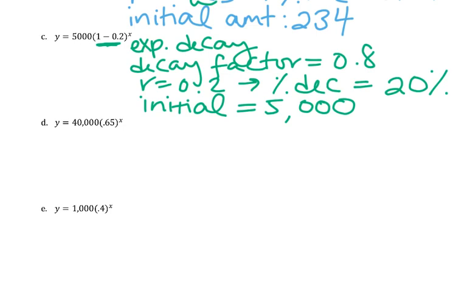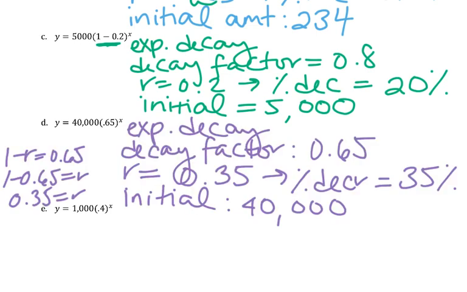On to part D. In part D, we have exponential decay because our B value, or the part inside the parentheses, is less than 1. Our decay factor is 0.65. We can then solve for R, or maybe you can just tell by looking at it, the amount you are subtracting from 1 is 0.35. If you can't do that mentally, you can solve for R, like I said.